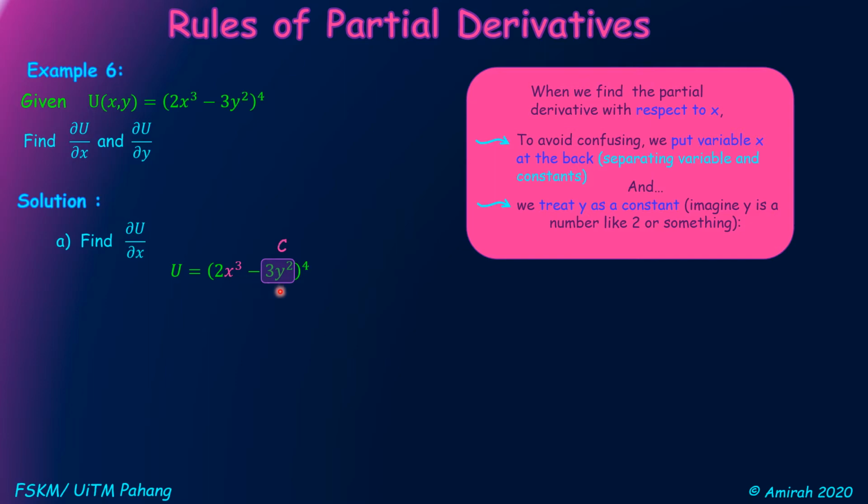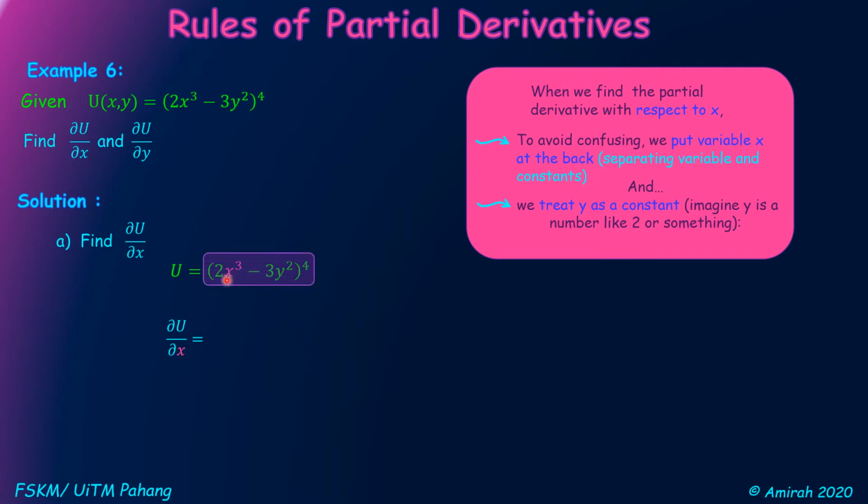We treat y as a constant. We just imagine y is a number like 2 or something. So 2 squared equals 4. 4 times 3 equals 12, which is constant. Okay. Then we differentiate with respect to x using partial derivative.